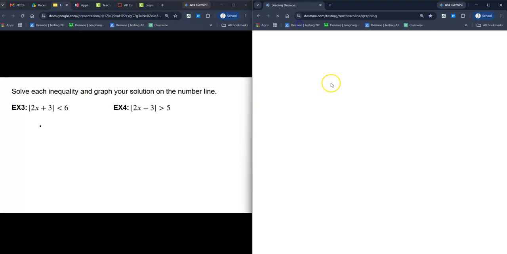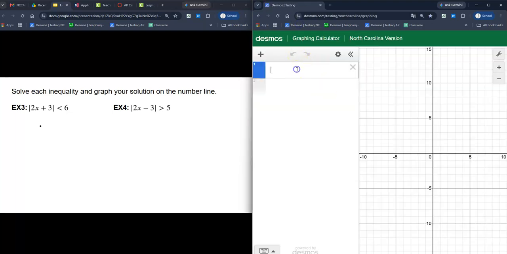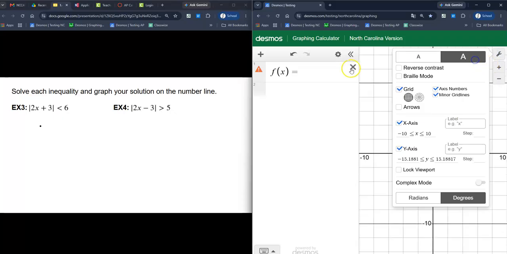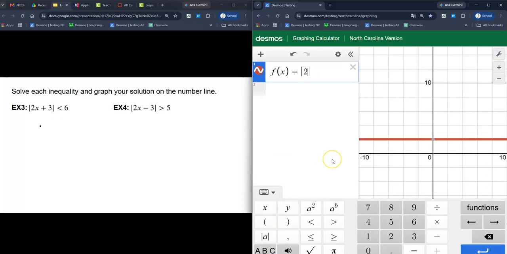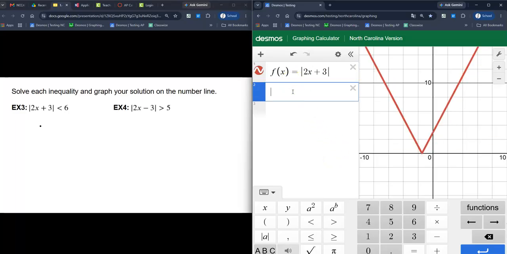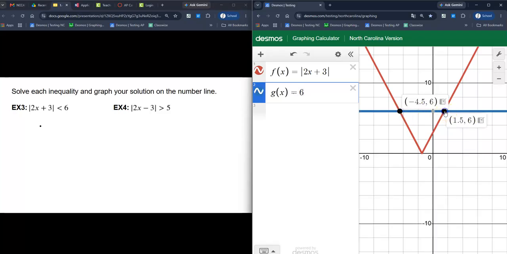So if I pull up Desmos here, I could still do f of x equals the left side. So that would be absolute value of 2x plus 3. And then I could do g of x equals 6.